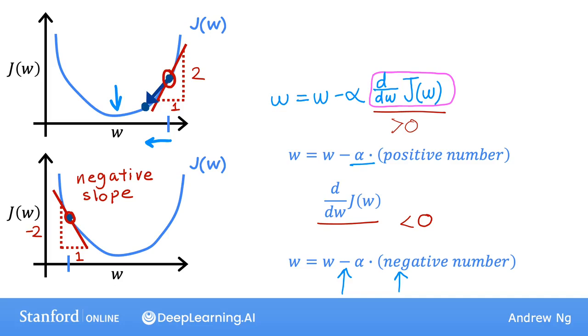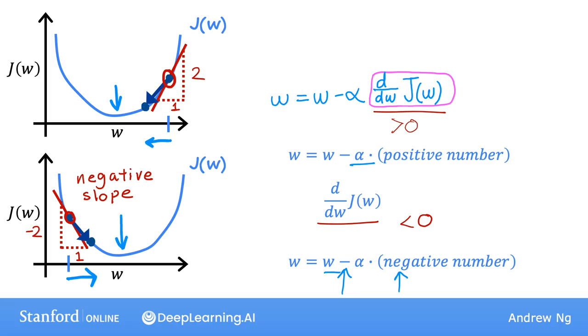Because subtracting a negative number is the same as adding a positive number to w. So this step of gradient descent causes w to increase, which means you're moving to the right on the graph, and your cost J has decreased down to here. And again, it looks like gradient descent is doing something reasonable. It's getting you closer to the minimum.